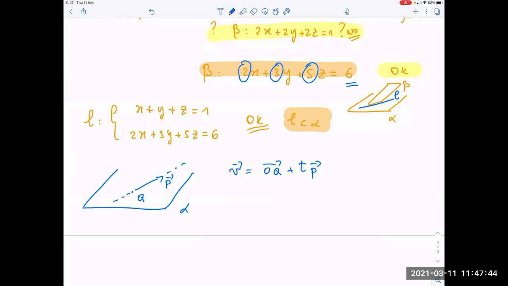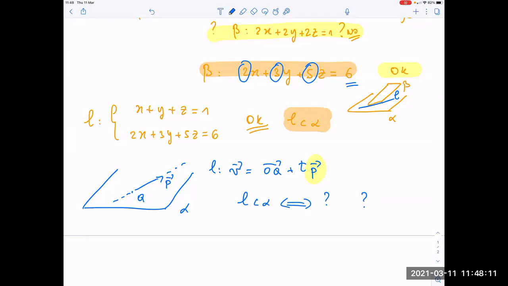But what is the condition on P in such a way the line defined in this way lies on alpha? So if and only if, what happens to P? Can you tell me what should happen to P if we want the line produced in that way to be a line of plane alpha?